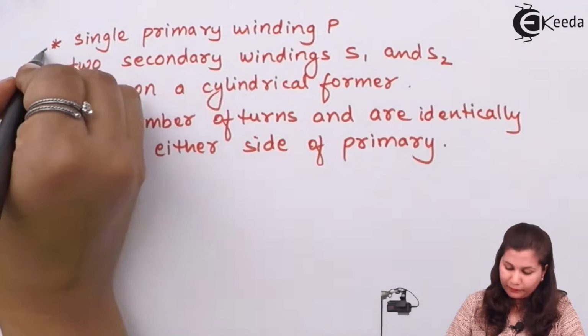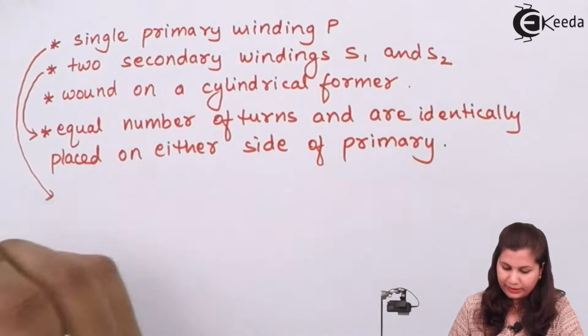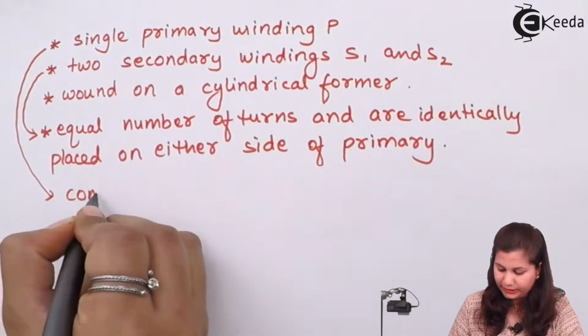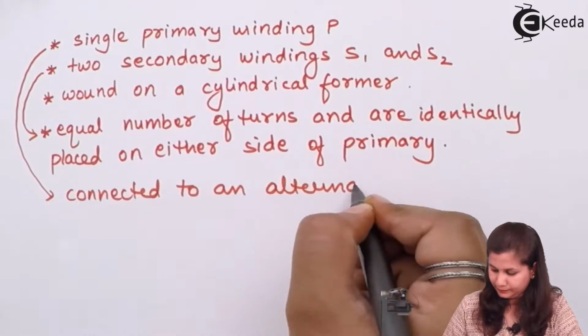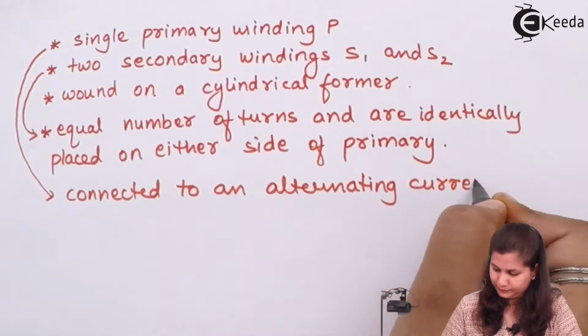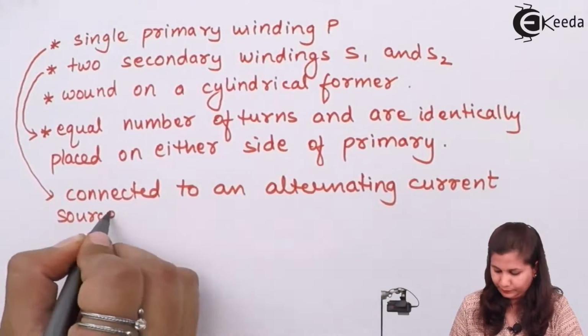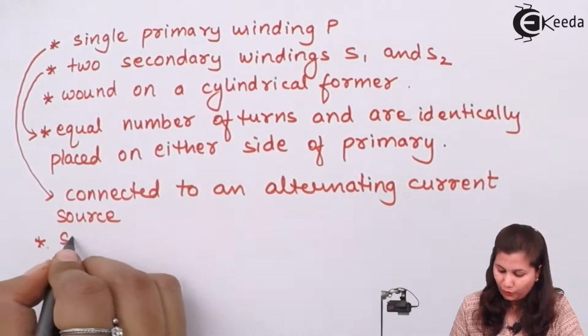The primary winding is connected to an alternating current source. Now, the soft iron core.